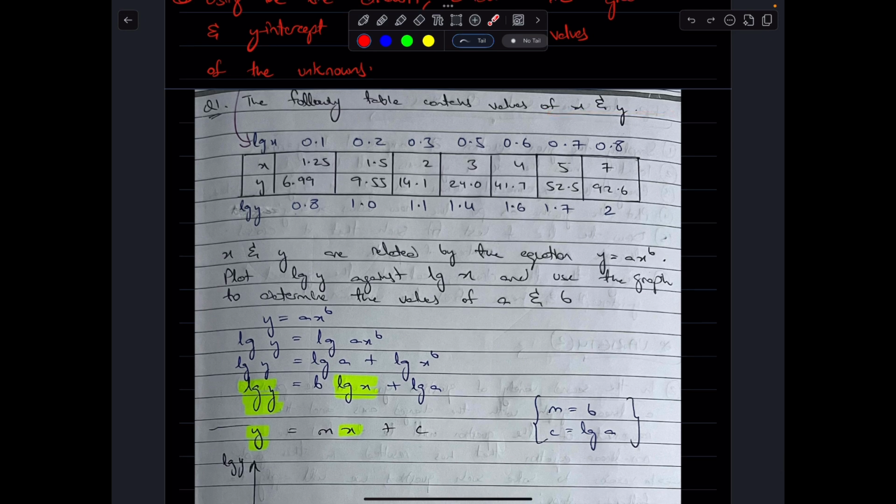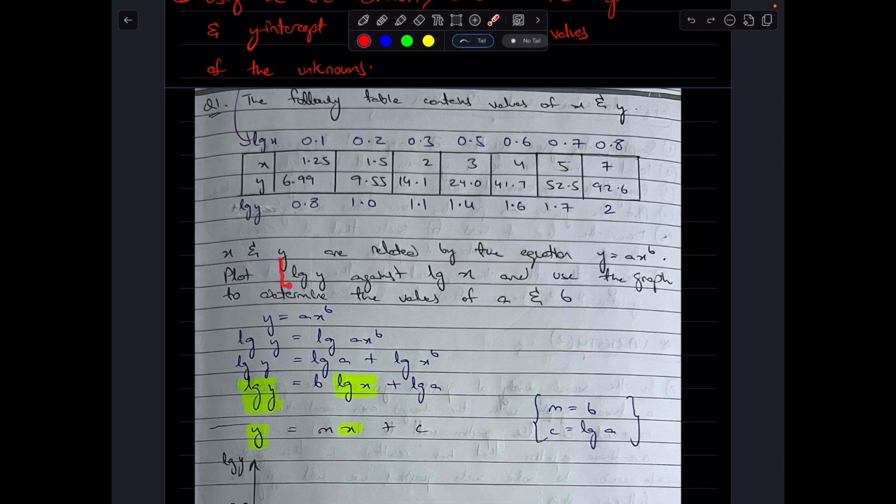I was given experimental values of x and y, and a non-linear equation to relate x and y. And I was asked to specifically plot a graph of lg y against lg x. Thus, I need to use lg on both sides and I cannot use ln as done in the earlier case.